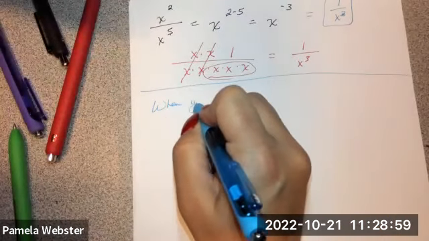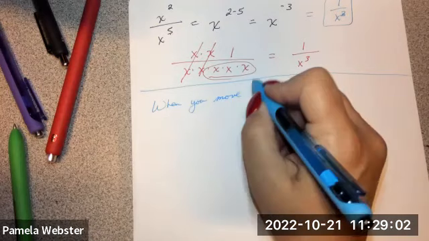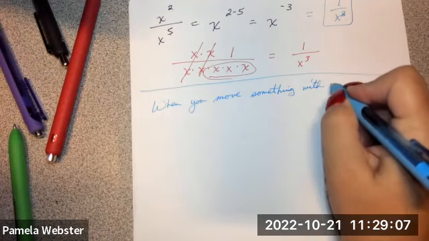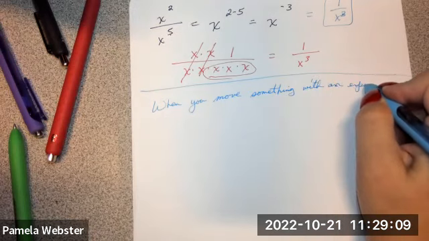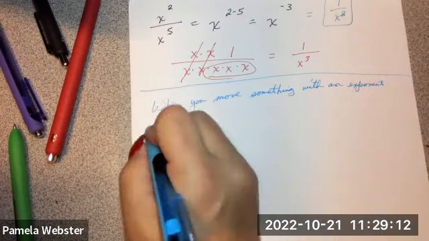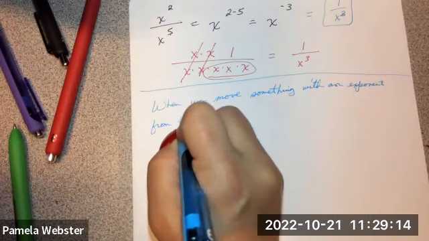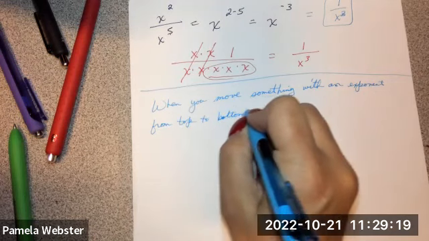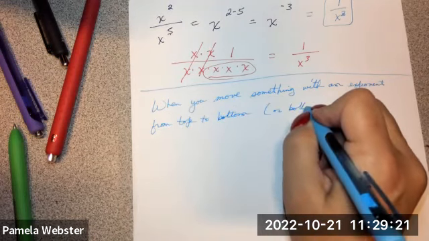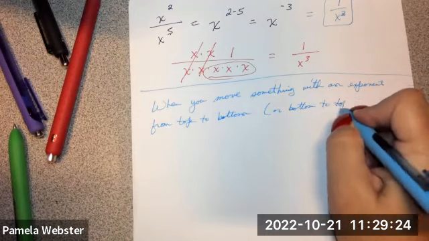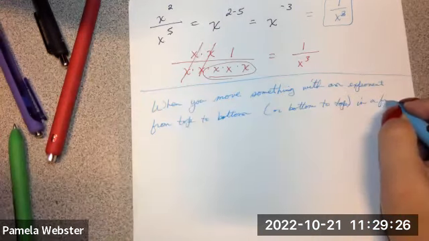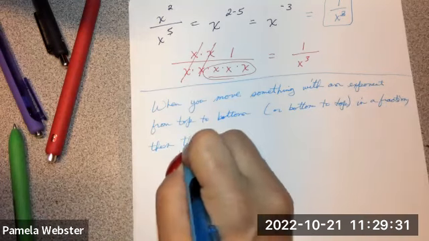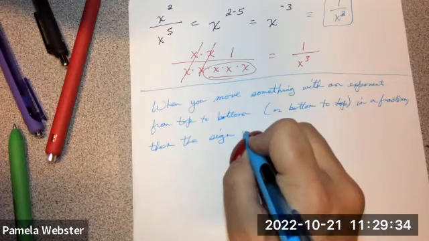When you move something with an exponent from top to bottom, or bottom to top in a fraction, then the sign on the exponent will change.